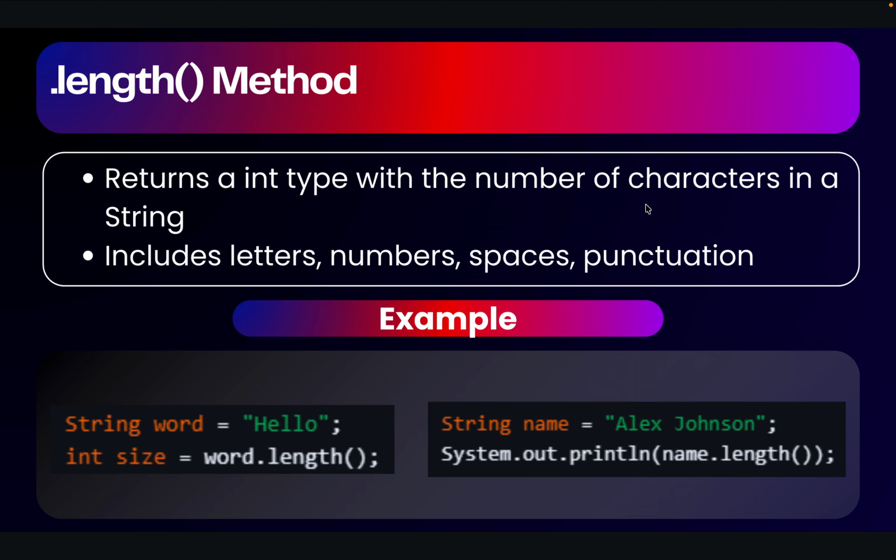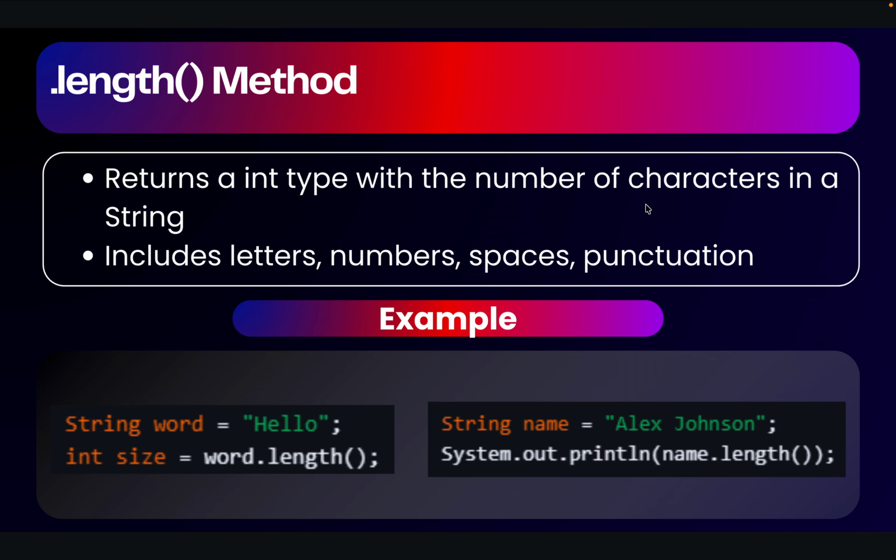In the first example, with the string word, we're basically creating another variable and we're storing the value of the length to a data type of int. Because if you use the .length method, it's going to return an integer or a number back to you, which is why you would have to store the output of this method to an actual int data type.